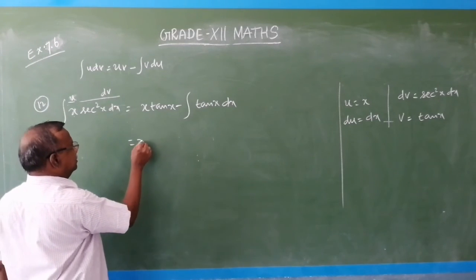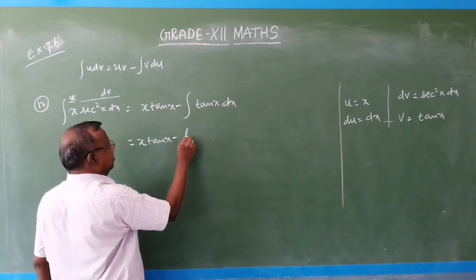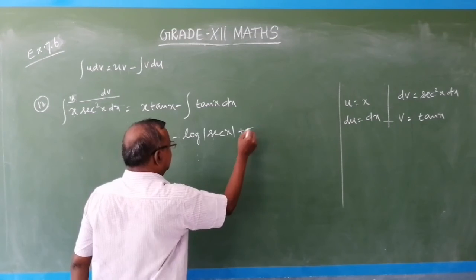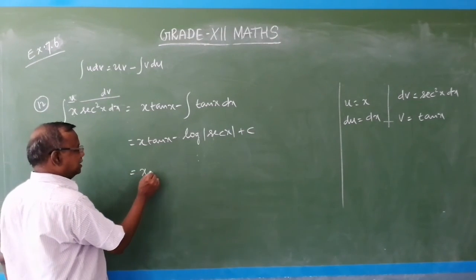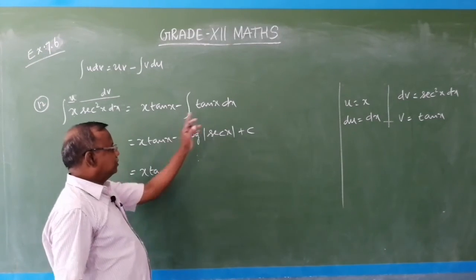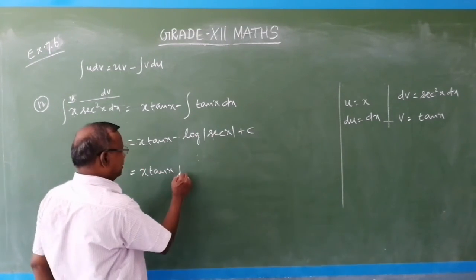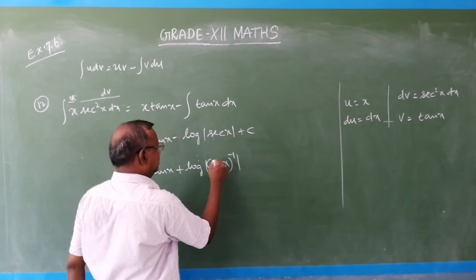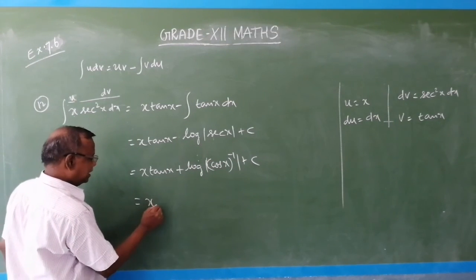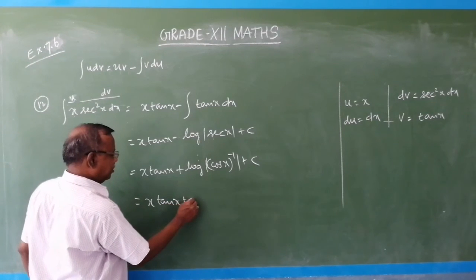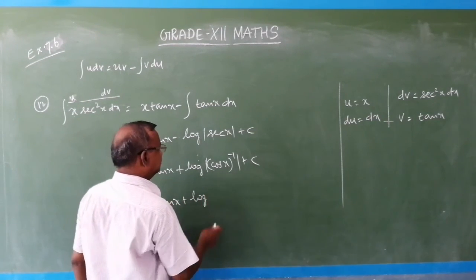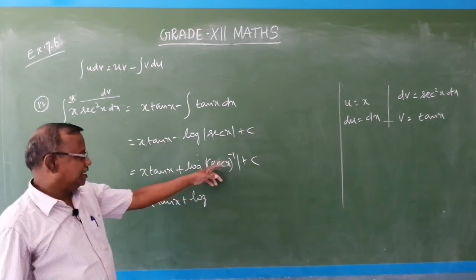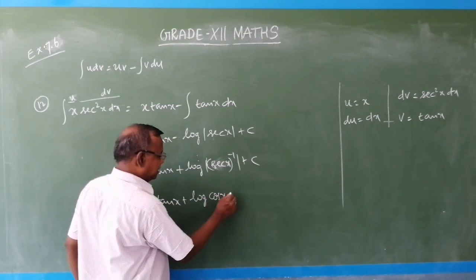This is equal to x tan x minus log of modulus of secant x plus c, or we can write this as x tan x, so bring the minus power, minus 1 to the power, so plus log of modulus of cos x whole power minus 1 plus c, or this can be written as x tan x plus log of modulus secant x whole power minus 1, so that it will be 1 by secant x. 1 by secant x is nothing but cos x plus c.